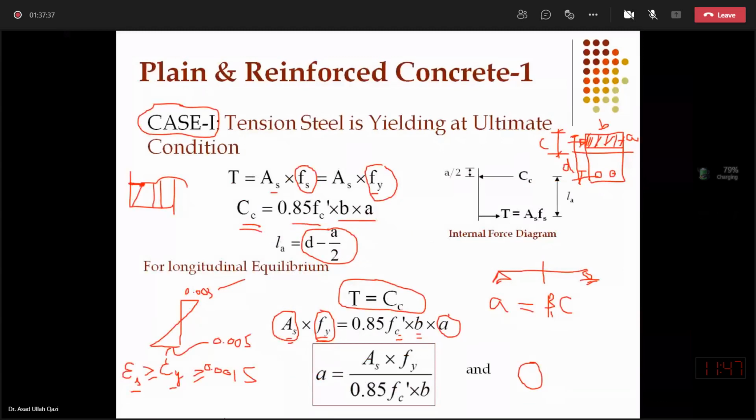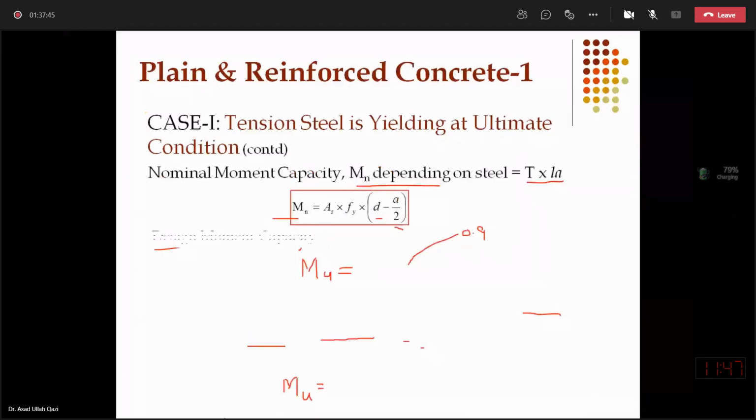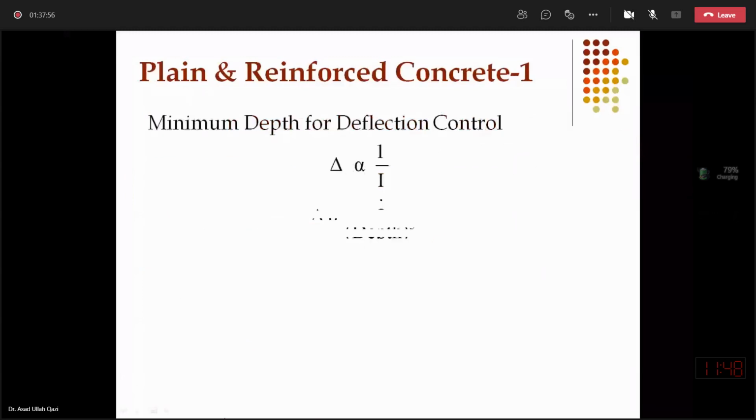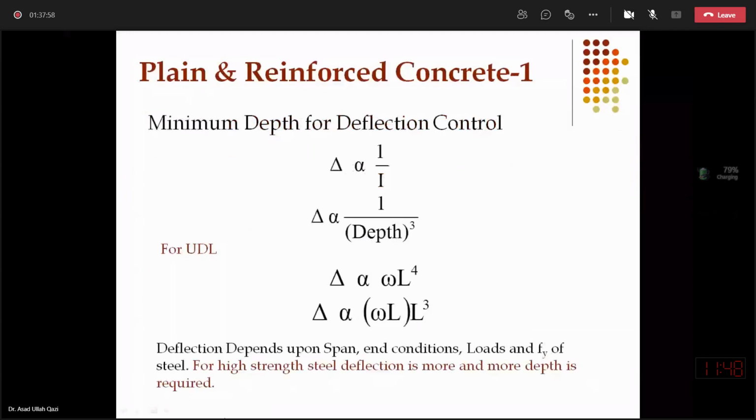We will get the a and then C, and then we will write the moment equation to calculate the moment resistance. I will apply this information in one example problem. So just let me finish this slide and then I will apply this discussion on one simple example problem.